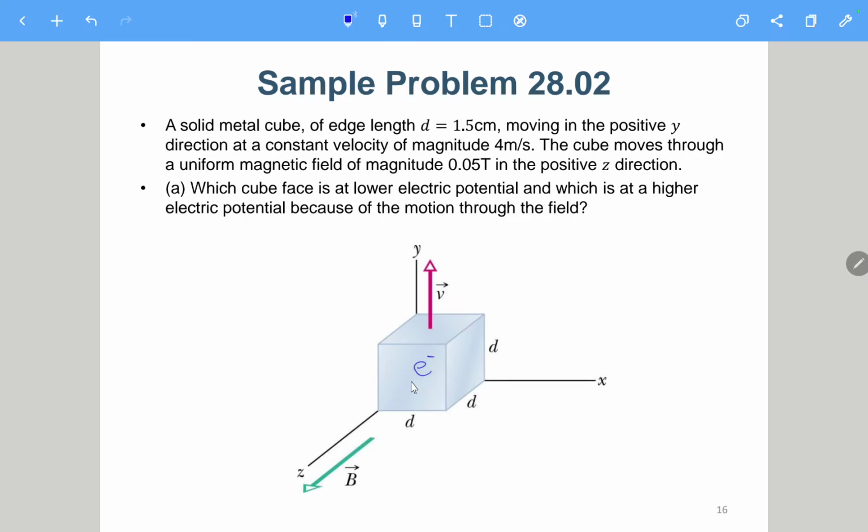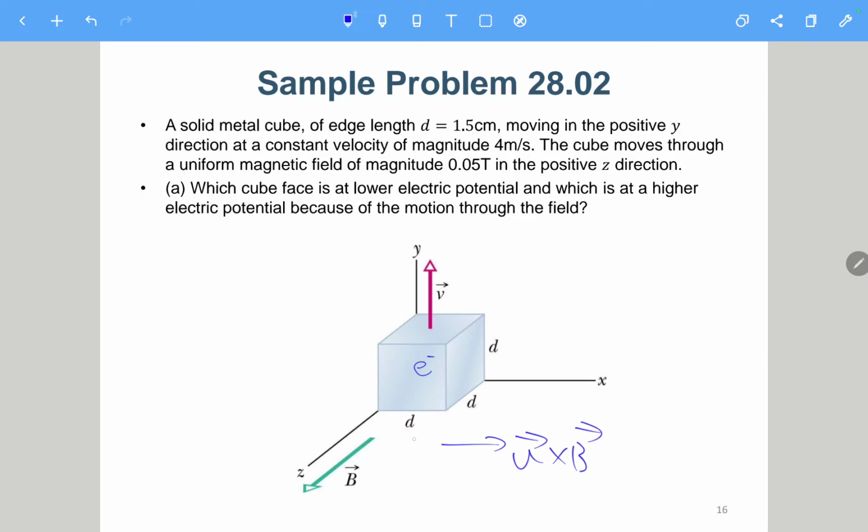So here, suppose there are electrons inside it, and we try to move this cube upward. In that case, v cross B: you use your fingers to point to the upper side, and then cross to the positive z-axis, so your thumb points to the right side. So we have v cross B pointing to the right side.